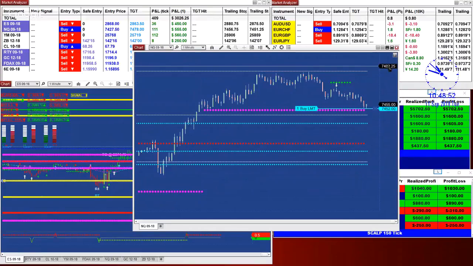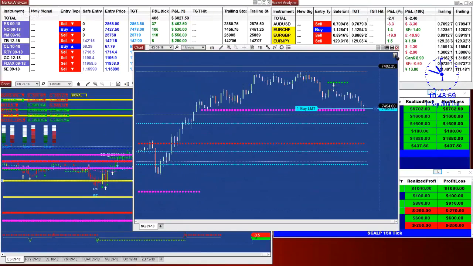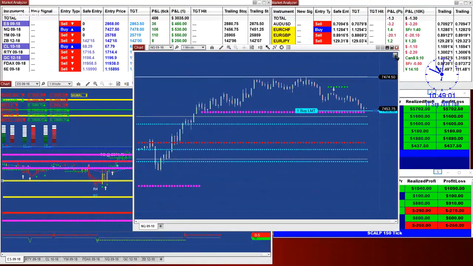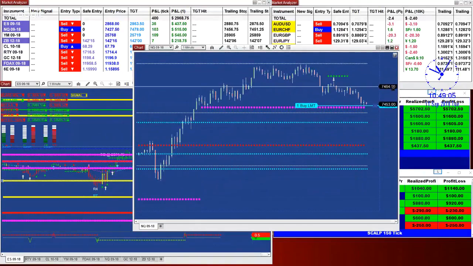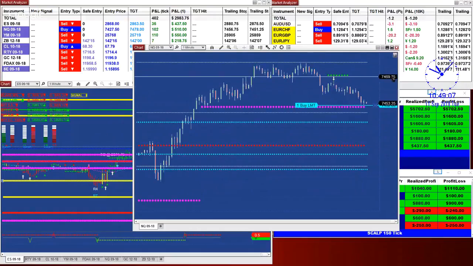I think I called it 54 and then I put it at 52, because you always have to give it room, but I'm going to stay on 52. We are a few ticks away from the 52.